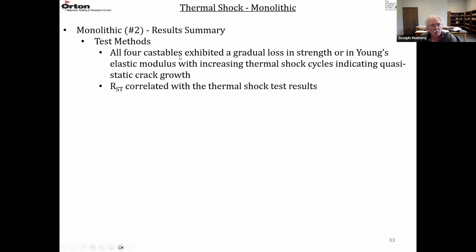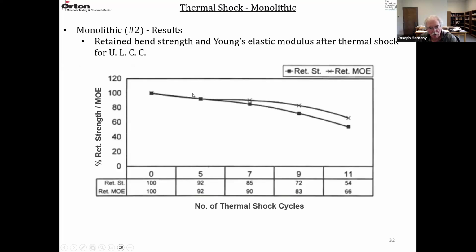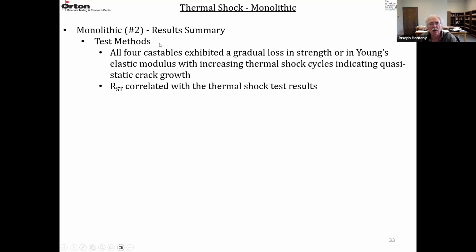So all four castables exhibited gradual loss in strength. None of these curves after so many cycles dropped off. They all exhibited a gradual strength or modulus loss. So that indicates that we're in the quasi-static crack propagation region where RST applies.